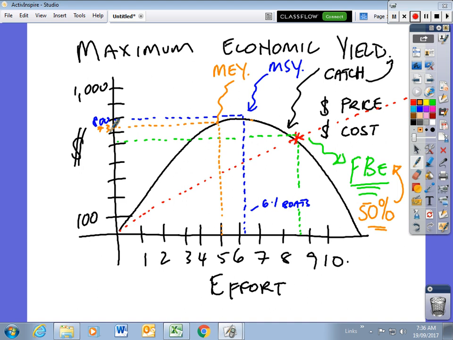So quite commonly, MEY is now considered as the primary place to be managing a fishery, because it has a lot more resilience built into it if a mistake may occur in, for instance, the way that data might have been collected, or the way it's interpreted, or hey, who knows what happens with ocean acidification, global warming.